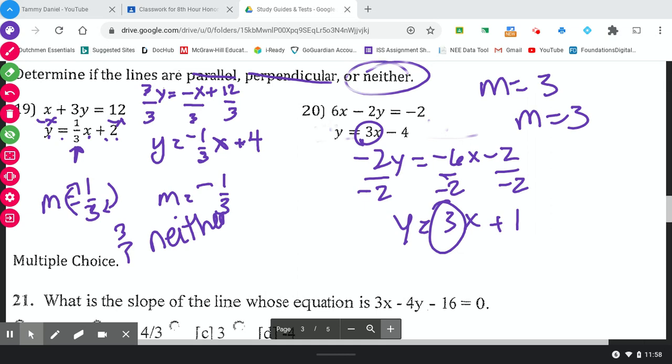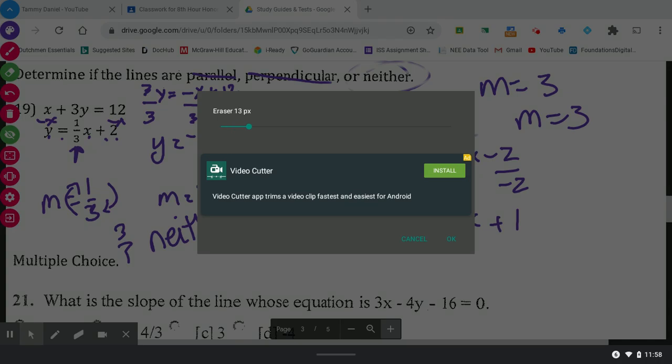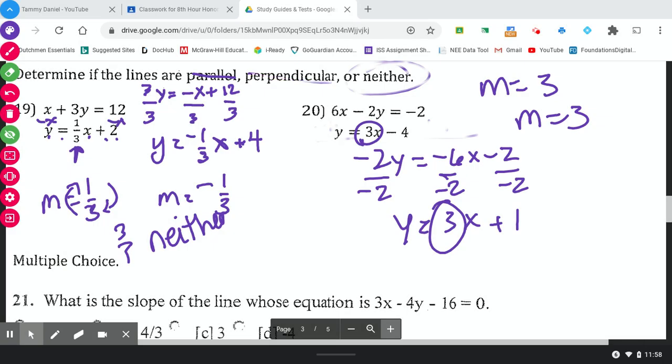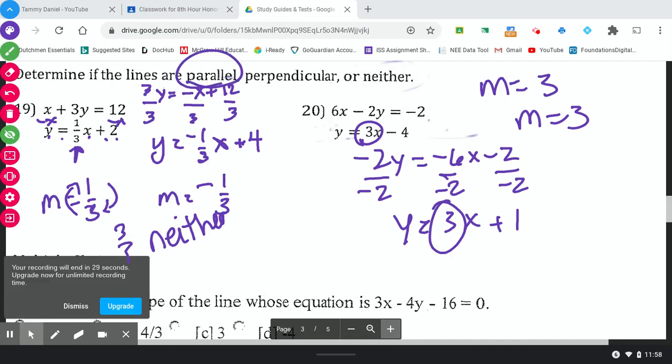So we know that since it's the same slope, it's going to be parallel. So this one is parallel because they are the same slope. 3 and 3, they're both positive, so parallel.